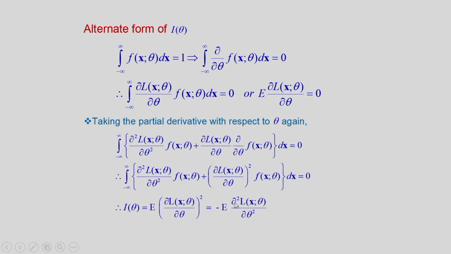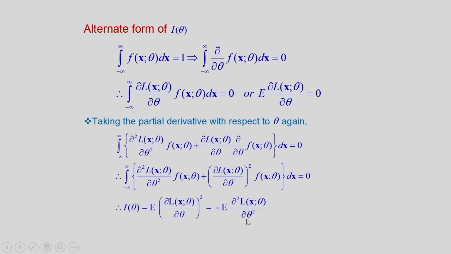So, this information statistic I(theta) can be expressed in terms of this second order partial derivative, that is the average value of the second order partial derivative with a negative sign, and compared to taking the square of the partial derivative and then the expected value, this expected value is easier to compute.